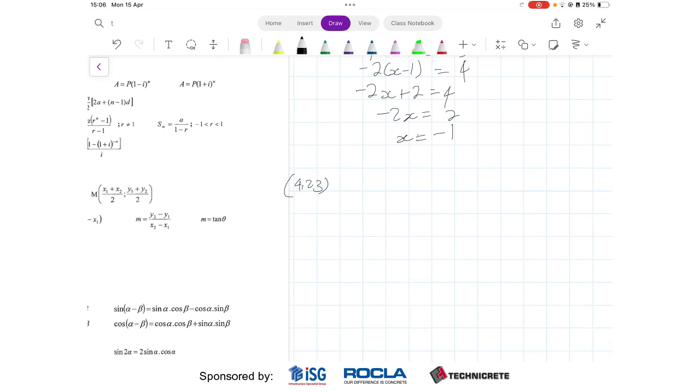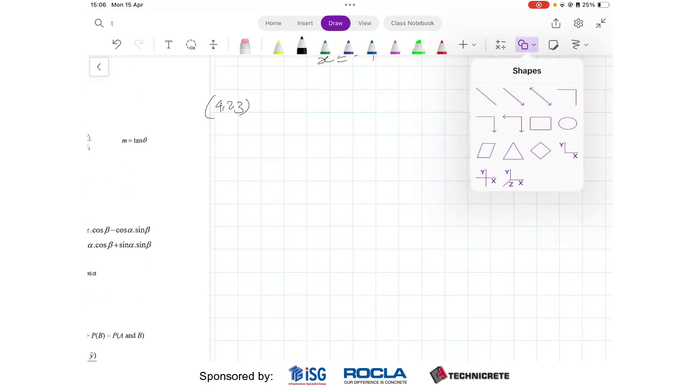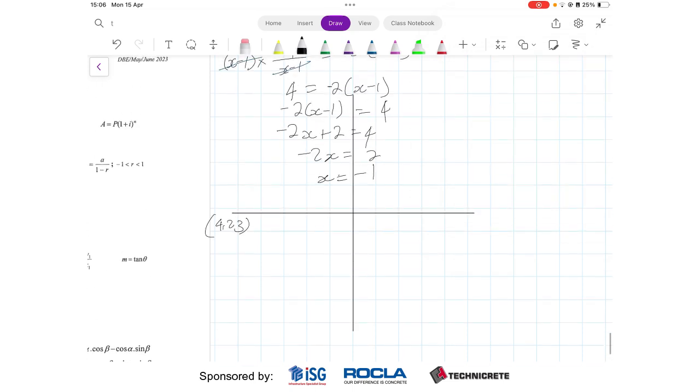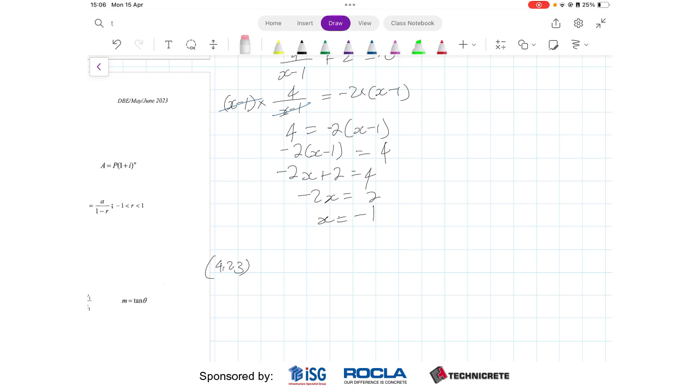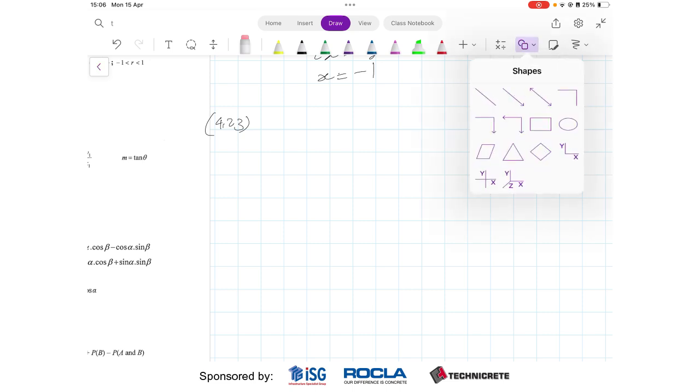4.2.3 is asking us to sketch the function. Now I will sketch our function.